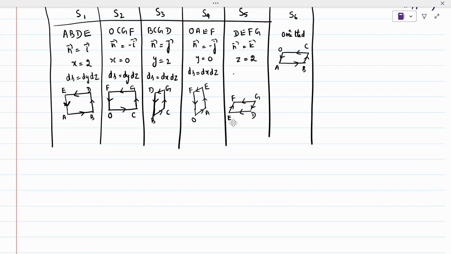It's given. So ds is nothing but the xy plane. So this is omitted. Same thing, z equal to 0, and n vector is nothing but minus k vector.